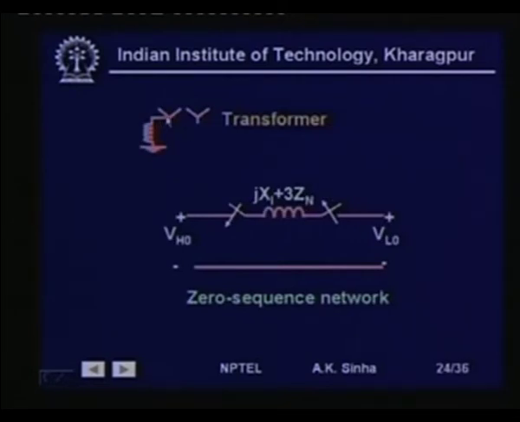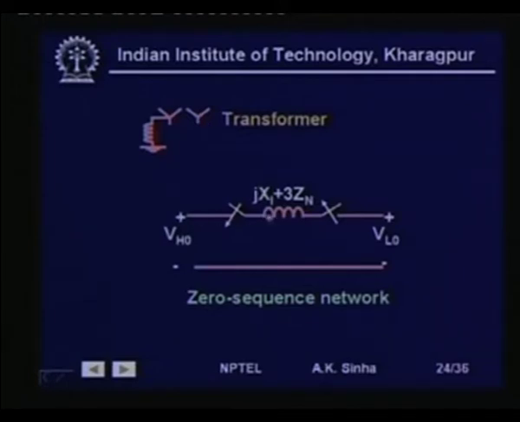Now let us see star grounded and star ungrounded transformer. In this case, on this side there will be a connection because zero sequence current can flow, there is a path, whereas on this side, that is the low voltage side, it is open because there is no path for zero sequence current to flow.